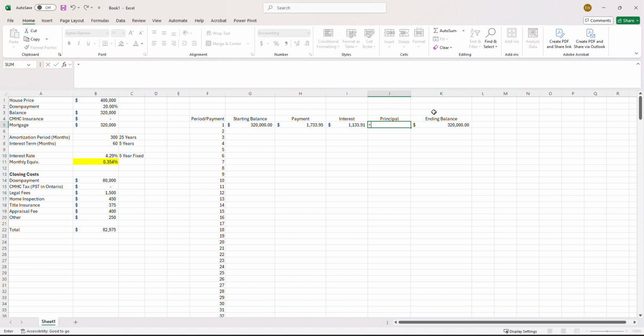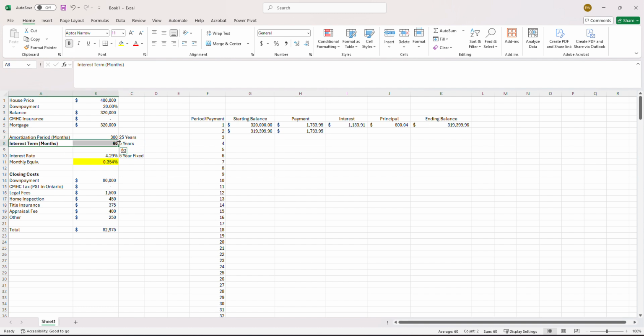So in this case, we have a payment of $1,733.95. $1,133.91 is going to be interest, so what's left over is about $600. Now your old ending balance is going to be your new starting balance, and your payment isn't going to change, at least not for 60 months.